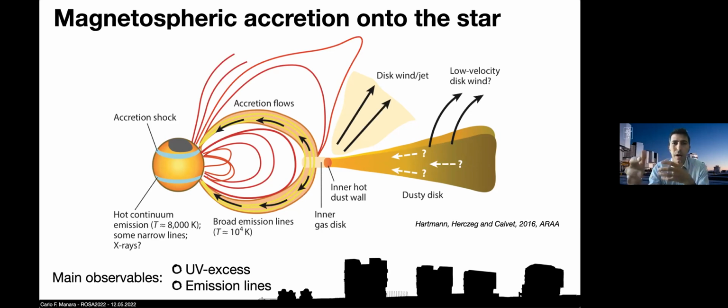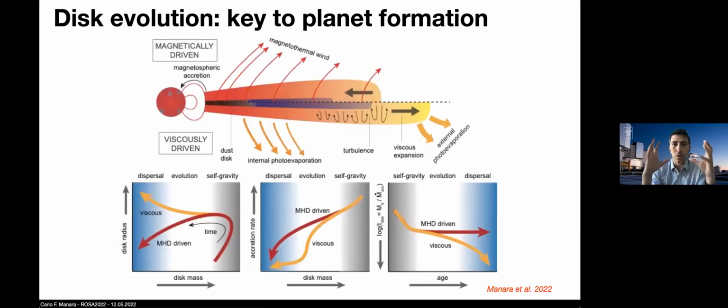At the same time, there are winds coming from this system, and it's important to have a complete understanding of this process, in particular, if one wants to understand how the protoplanetary disks themselves evolve with time. This is particularly relevant if we want to understand how planets form in these disks.